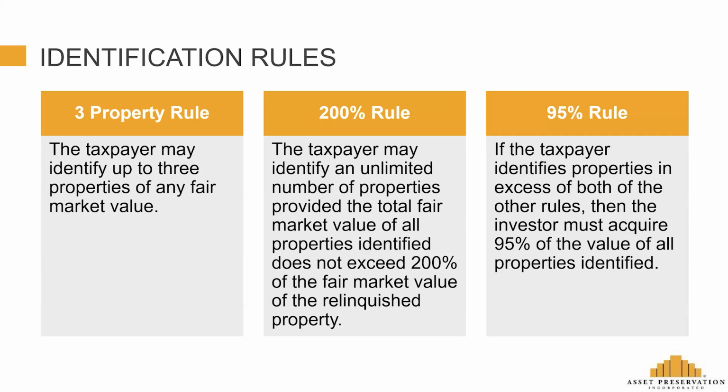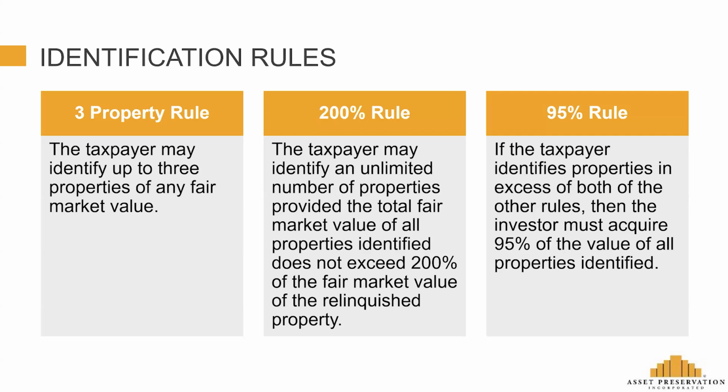Another rule allows you to identify more than three, but no more than twice the value of what you sold. So if I sold for $1 million, I can identify as many smaller parcels, but not over $2 million, because that's twice. So those are the two primary rules, the three-property rule and the 200% rule.